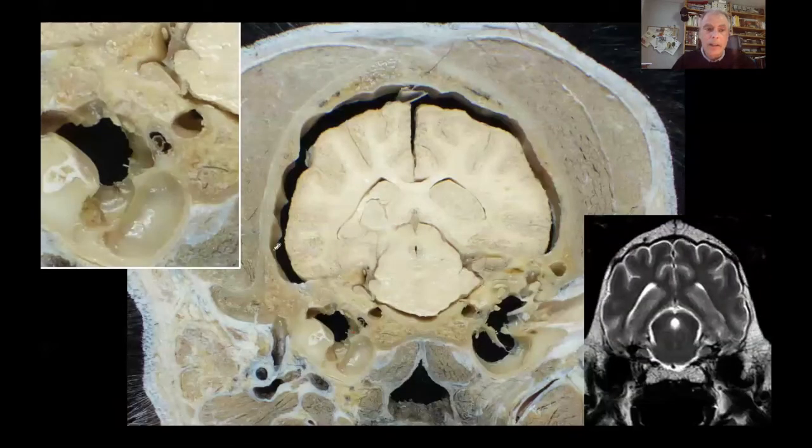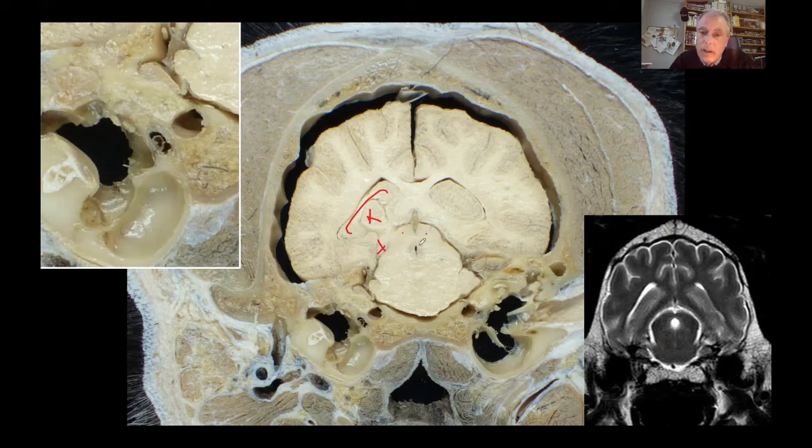So now we progress, and what do we see? It's not similar, but well, more or less. You identify the hippocampus, right? This is the lateral geniculate body here, the medial geniculate body here, the rostral colliculus, the periaqueductal gray matter with the central canal inside. Then we have the brachium of the caudal colliculus, and underneath we have the pons.